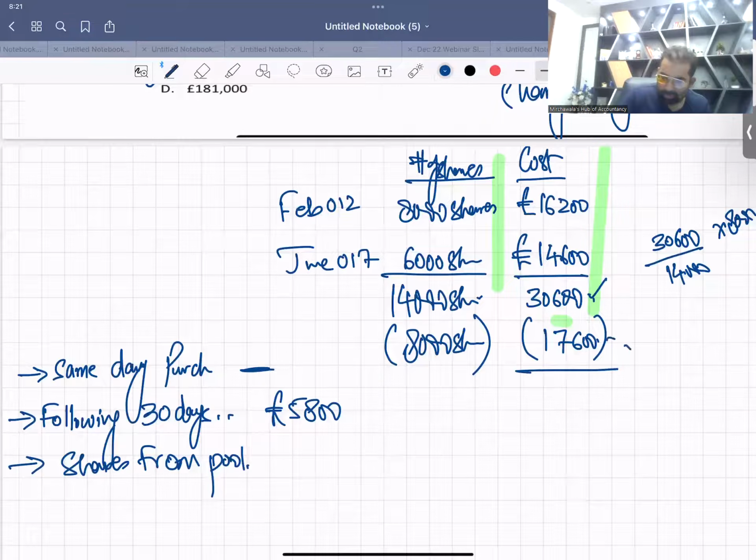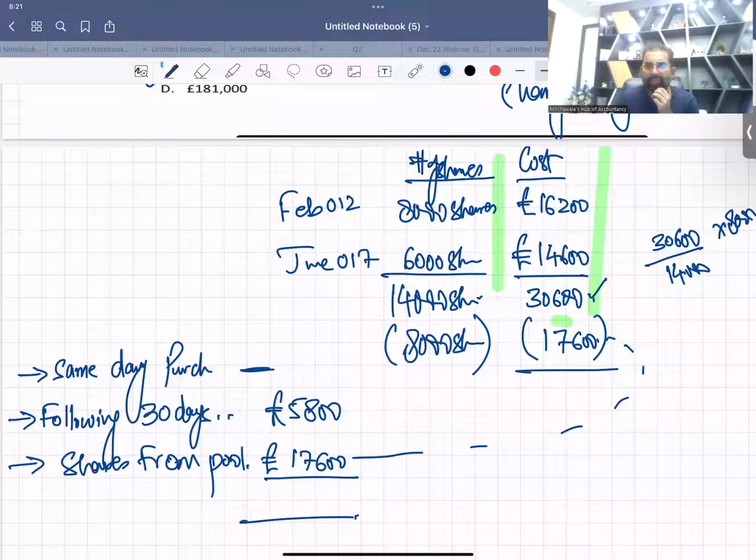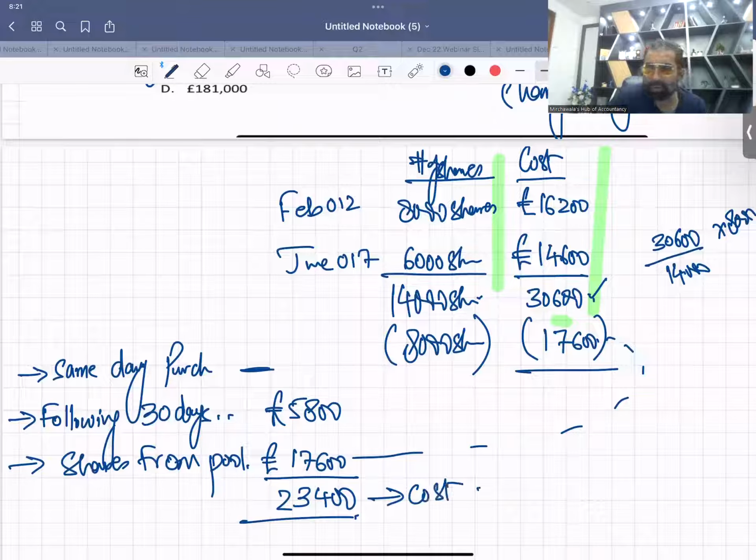So how much cost from the pool? 17,600. So this is going to be 17,600 and 5,800, which is 23,400. This cost will be used in the computation of gain on the 10,000 shares.